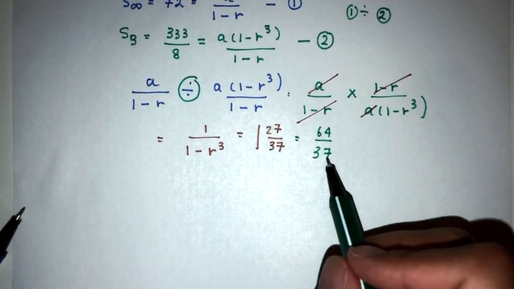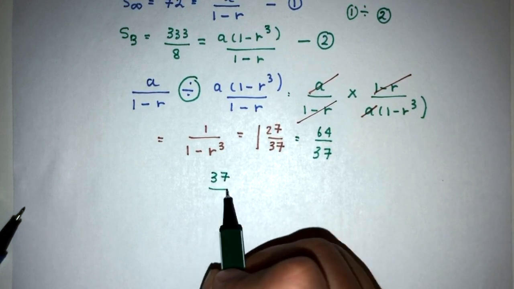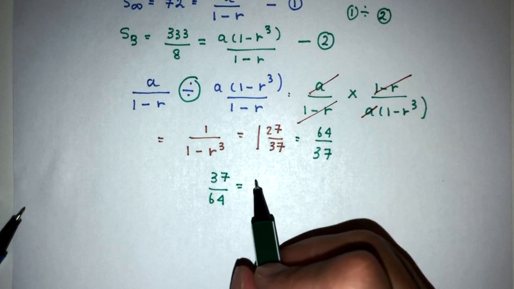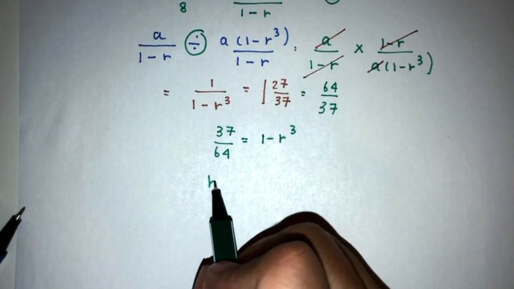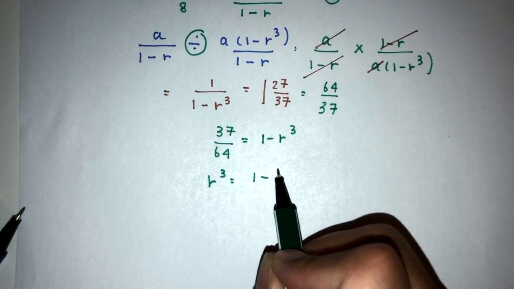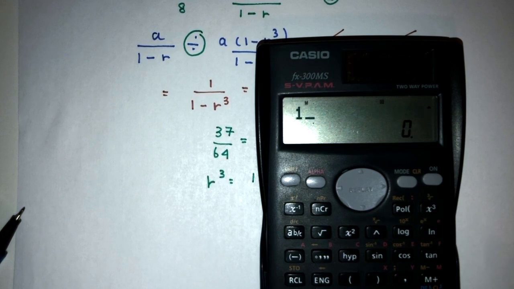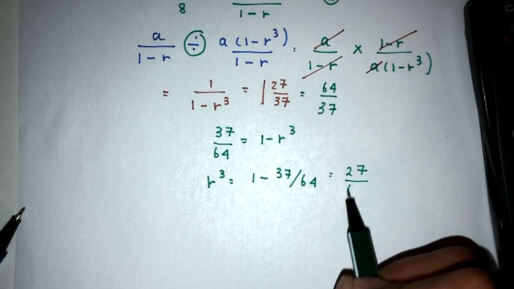Now we can just send this value, cross multiply. You will have 37 over 64 has to be 1 minus r cube. So r cube has to be 1 minus 37 over 64. That will be 27 over 64.